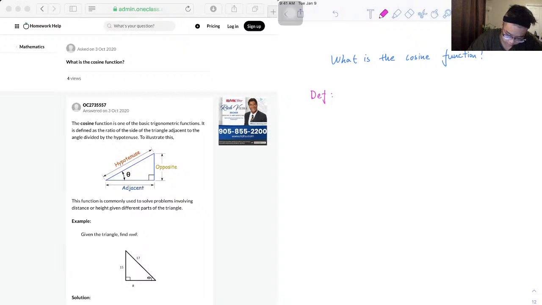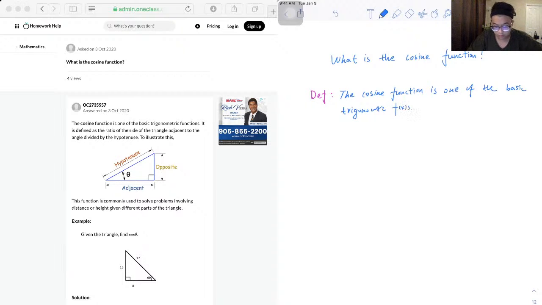The cosine function is one of the basic trigonometric functions, because the other two are sine function and tangent function.